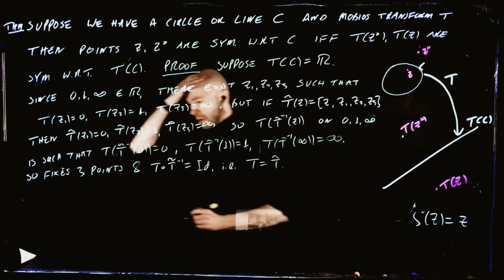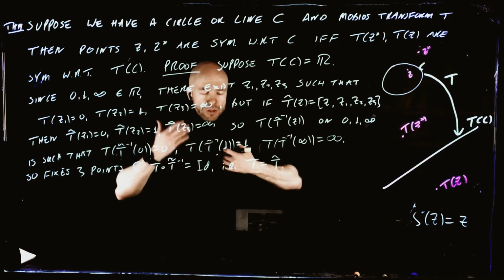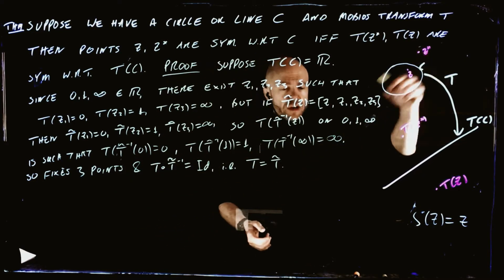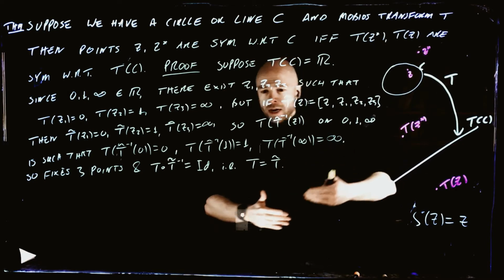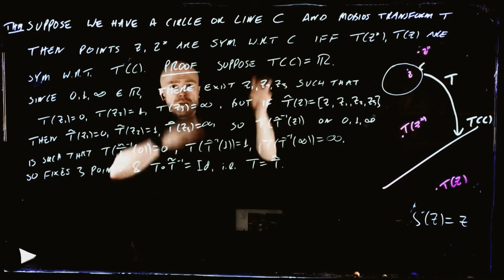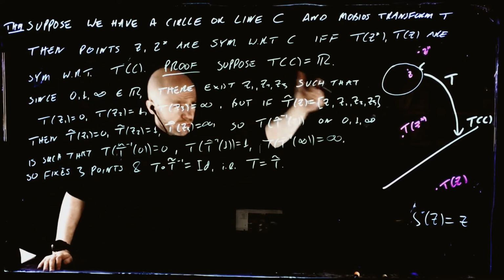Cool. And what we learned last time is that symmetry in the sense that we normally understand it, symmetry across a circle in the sense we discussed, or symmetry across a line, is equivalent to symmetry in the sense of defining it with respect to this Mobius transform defined by the cross ratio.